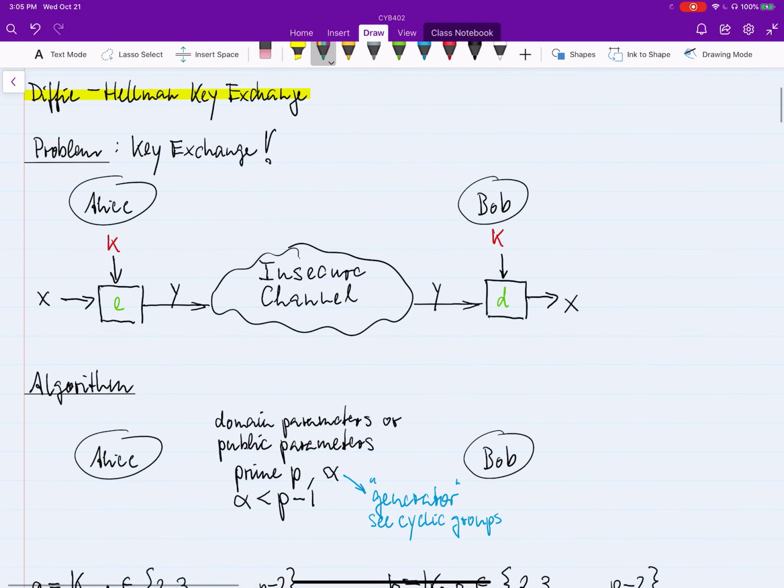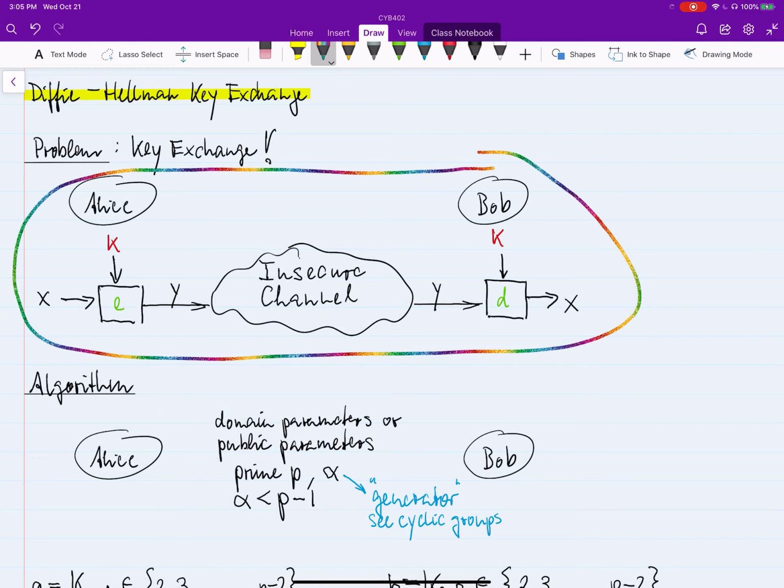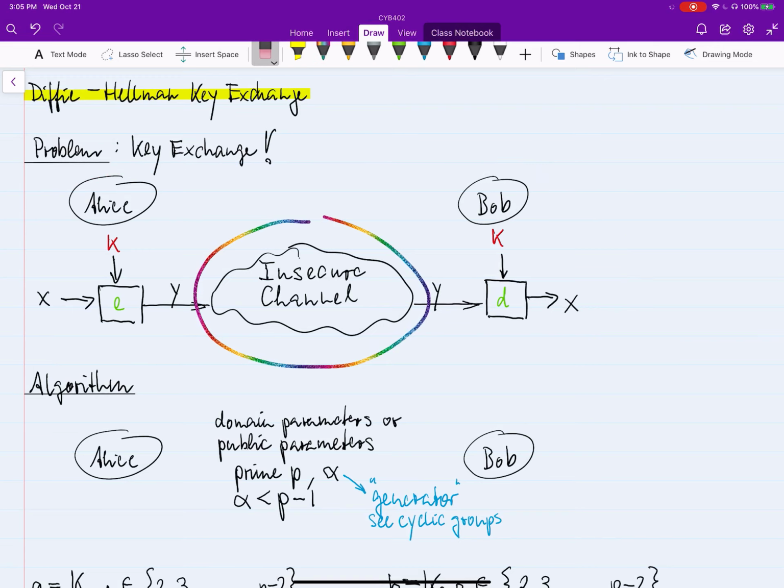So let's start. How does it work? We have a communication pattern like this one here, where Alice and Bob are connected over an insecure channel. We mentioned already that RSA is incredibly slow. So in a system like that, it would be desirable to have a shared secret, a symmetric key, that can be used for some private key cryptography system like AES.